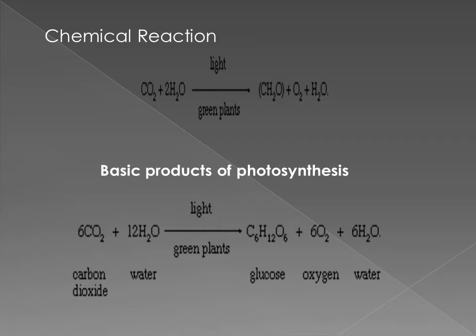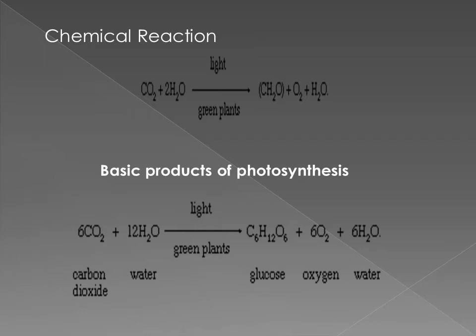During the dark stage, the ATP and NADPH formed in the light-capturing reactions are used to reduce carbon dioxide to organic carbon compounds. This assimilation of carbon dioxide into organic compounds is called carbon fixation.